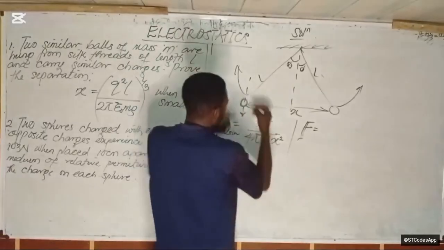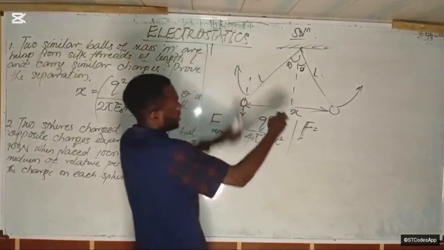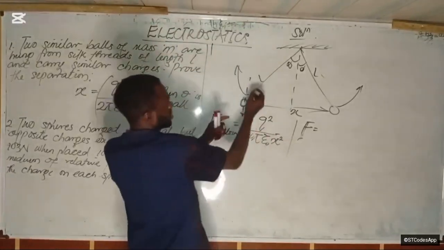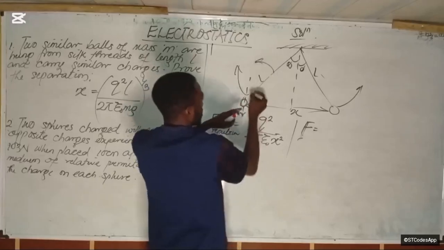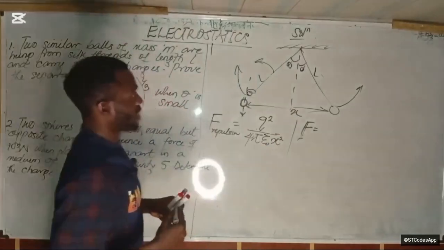So if there is a force acting in that direction, a force acting in this direction is the same as a force acting in this direction, taking this place as theta using alternate angles.